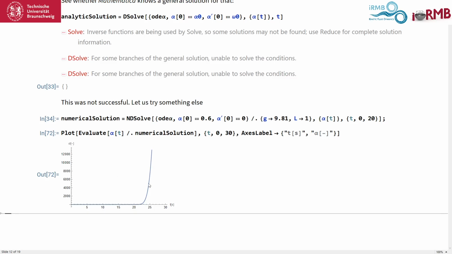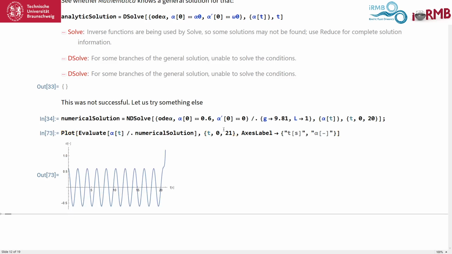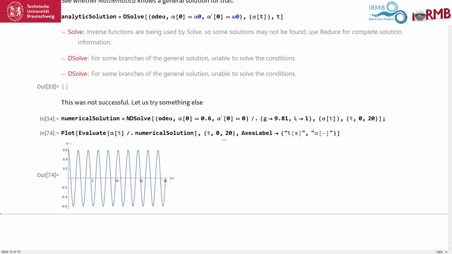And this interpolation function can be evaluated outside its definition. So if you do this, it will extrapolate the solution. Yeah. So here you see it's extrapolating the solution in a strange way. So it's your own responsibility to only evaluate it in the range where you actually got the solution from. Yeah.